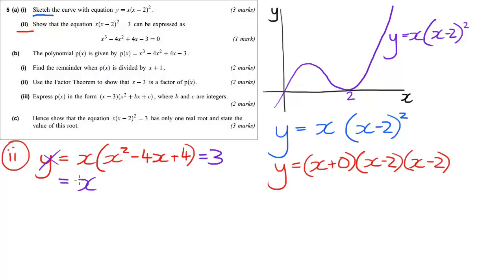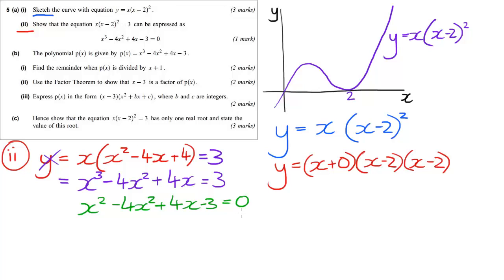So we have x times x squared, which is x cubed, minus 4x squared plus 4x is equal to 3, and then take 3 from both sides. So x cubed minus 4x squared plus 4x minus 3 is equal to 0. So you probably got that anyway, you don't really need me to explain that.